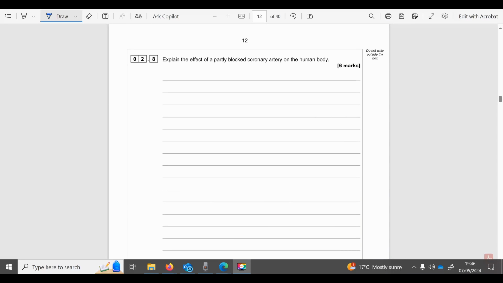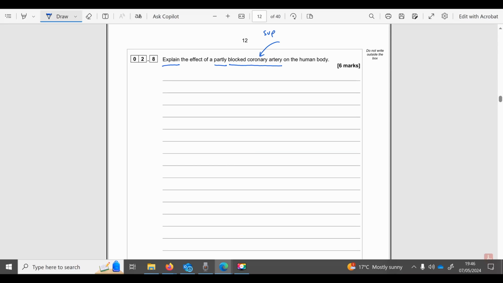Question 2.8. Explain the effect of a partly blocked coronary artery on the human body. 6 marks. So let's remind ourselves now, coronary artery, what is its job? It's supposed to supply oxygen to the heart muscle.